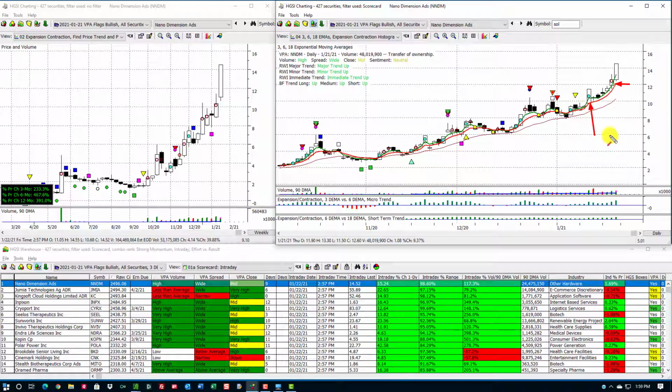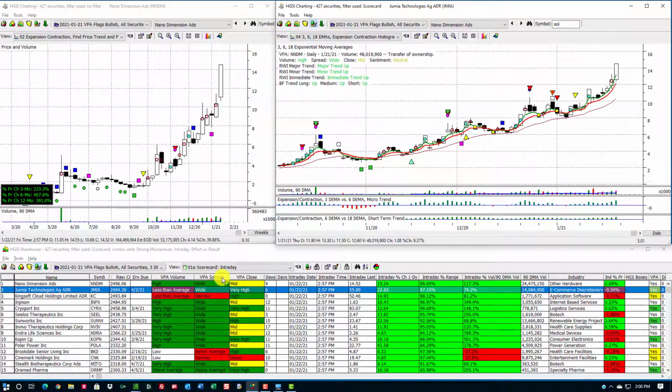Back here was another signal with a 3 above the 6. The stock at this point right here was a crossover, so that would have been found by a crossover screen, and this would have been found by using this screen here, because there's a VPA flag several days after the crossover.